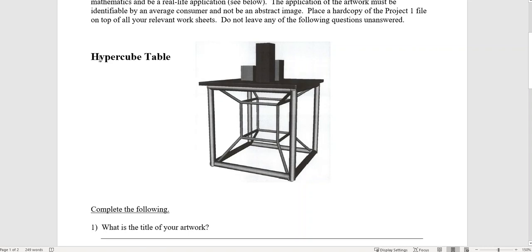So for example, here's an example: hypercube table. In unit one, a lot of times I just tell students, well, if you get stuck, the hypercube is very mathematical. It's easy to apply to something real. So you can always kind of fall back on that.